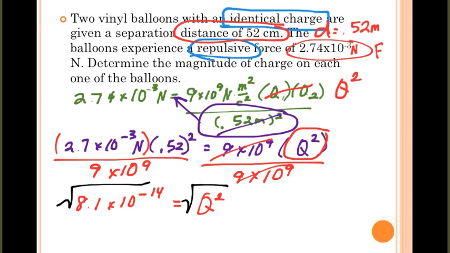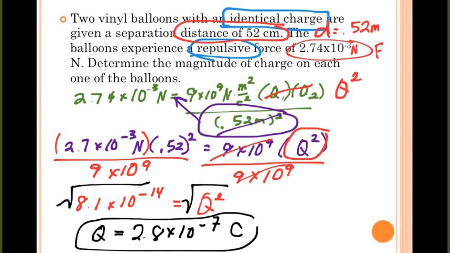To do that, there's several ways: you can count the zeros if you want to, or on your calculator there is a button to put it into scientific notation. If you don't know how to do that, I can help figure that out tomorrow when I'm back in class. So you should get a Q value equal to 2.8 times 10 to the negative 7th. Again, if you don't know how to change your calculator into scientific notation, then just count the zeros and you should find that this would be your correct answer.